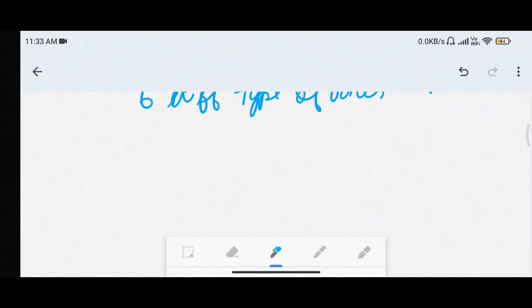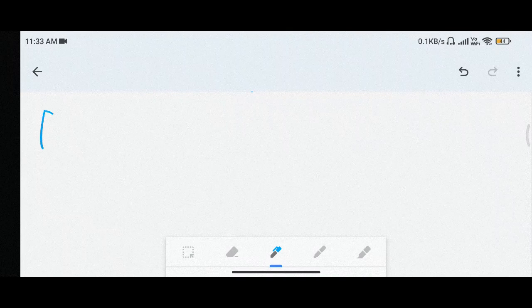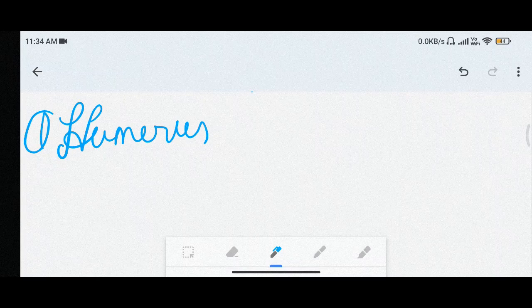All right, so let's study now the bones. First one is your humerus. Next one is your carpal.